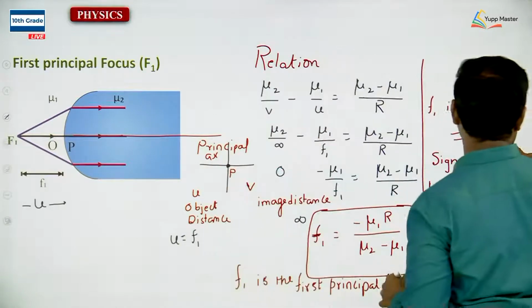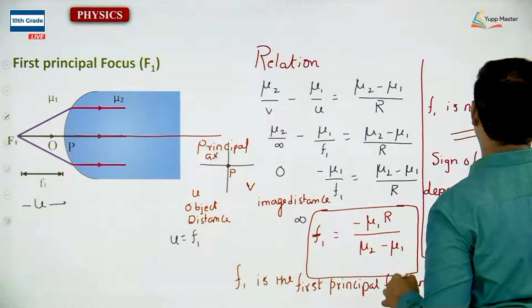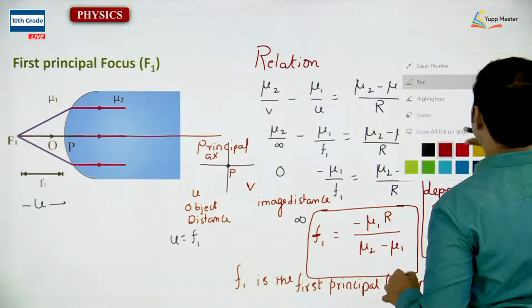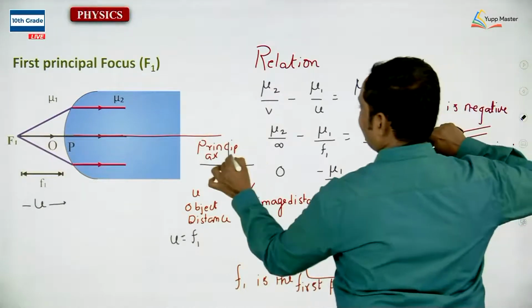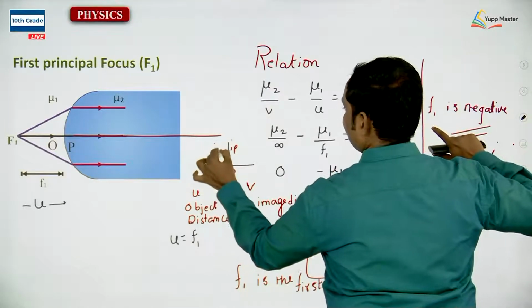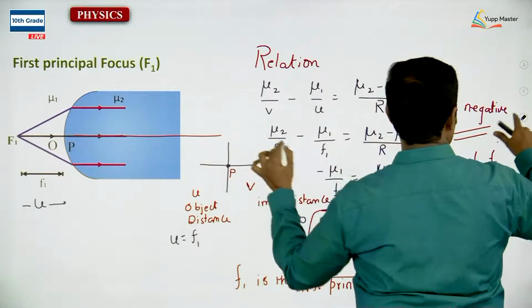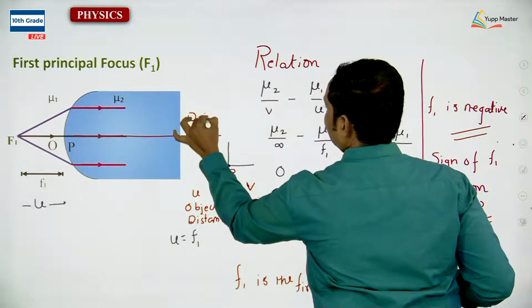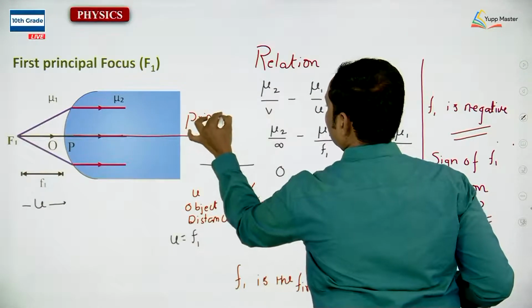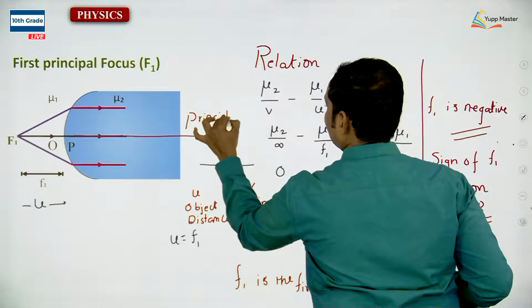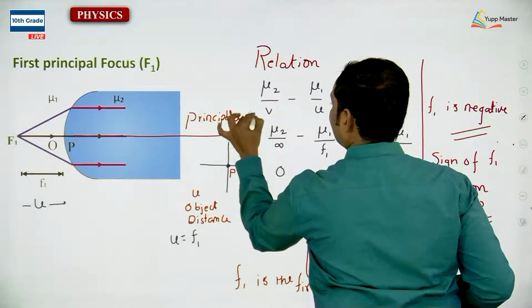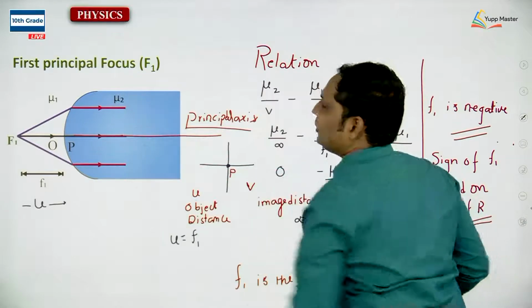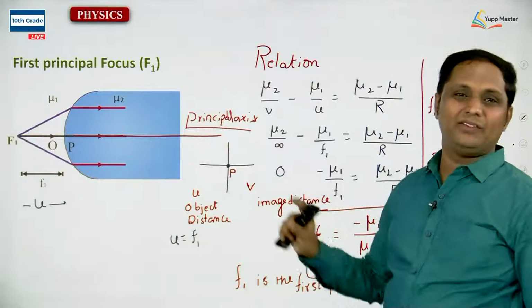These rays are going to be parallel to the principal axis, no doubt at all.